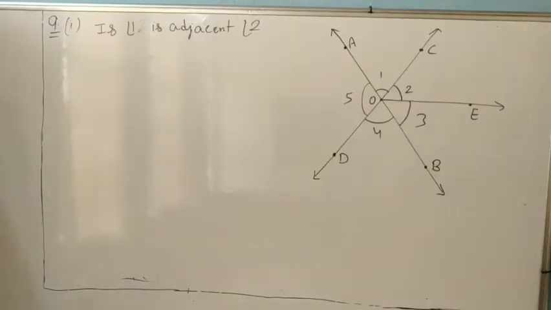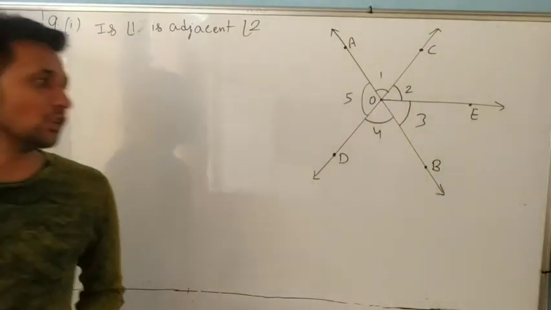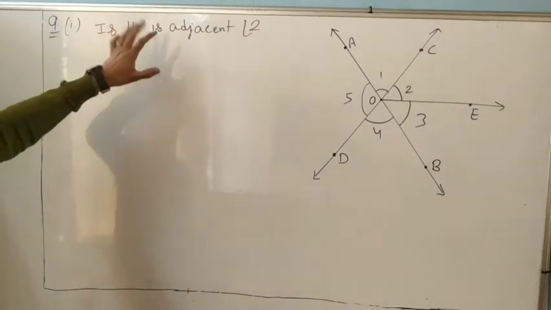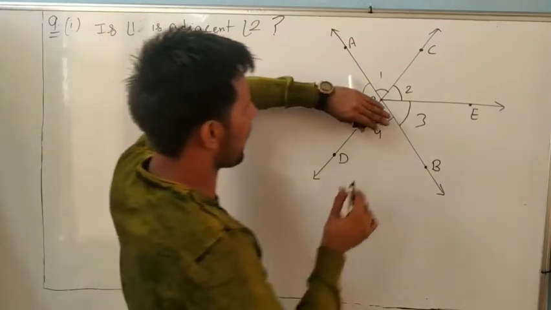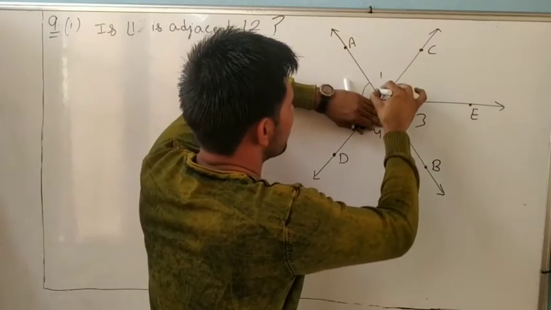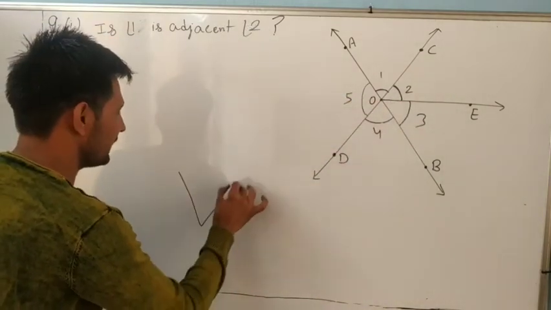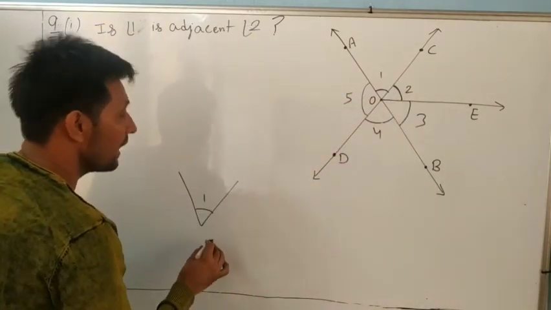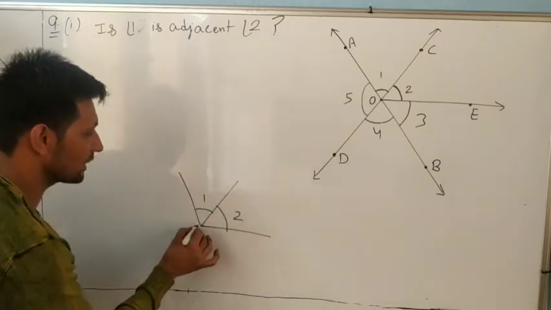Now dear, question number 9. Now we will use what we have learned at the start. What is an adjacent angle? First we have to check: is angle 1 adjacent to angle 2? Yes. Adjacent means there is a common vertex.